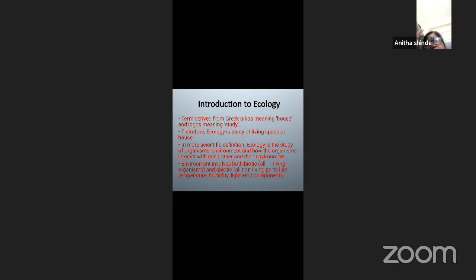And in a more scientific way, ecology can be defined as the study of organisms, their environment, and how organisms interact with each other and also with the environment. And you all know the environment consists of both the biotic as well as the abiotic component. Biotic component includes all the living organisms, whereas abiotic component includes the non-living parts like temperature, humidity, light, rainfall, and all those things.